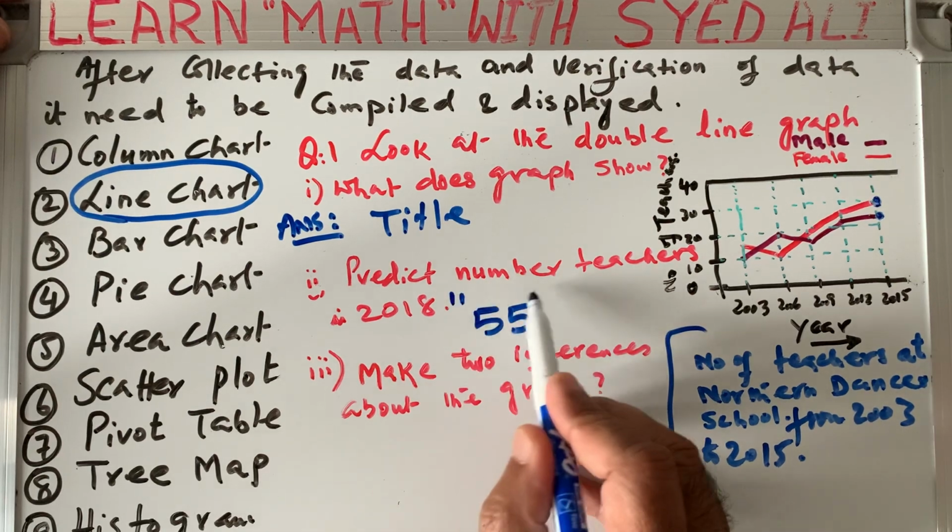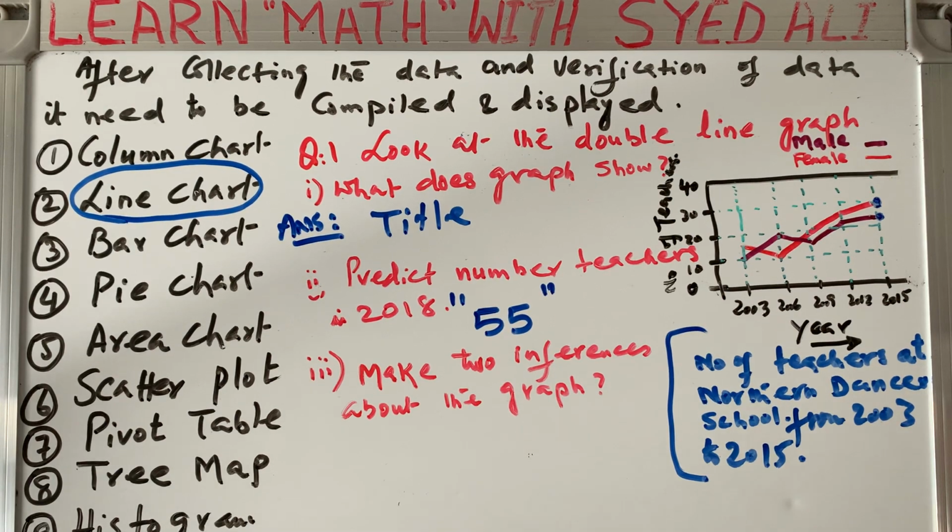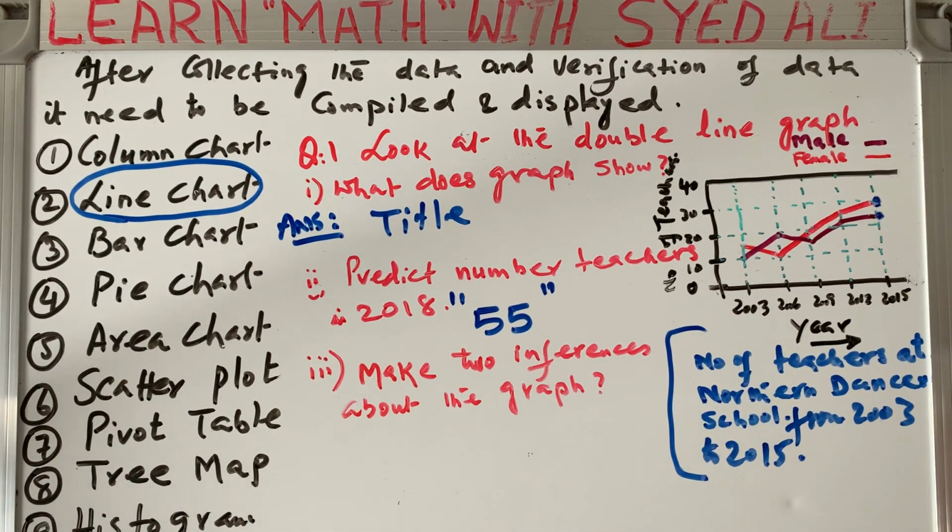This is my educated guess, how I predict from the data. When I review the data, the trend tells me what will happen in the future. It's not within my set of data, so I am extrapolating it to know the value in 2018.